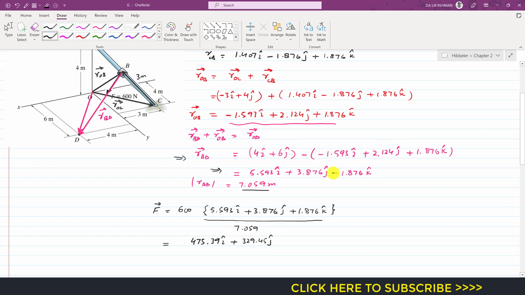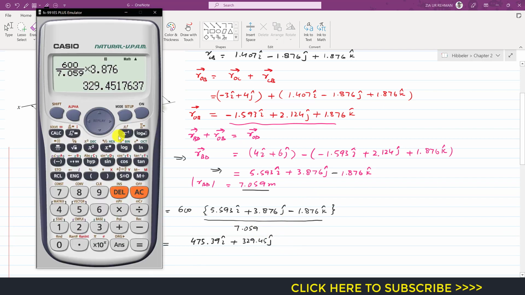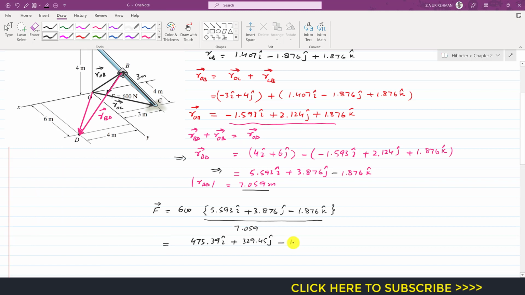This is not plus, this is minus, but the magnitude will remain the same since we take the squares of each component, right? Again we need to multiply this ratio with the K component, which is minus 1.876. This is minus 159.46 K. So this is the Cartesian vector representation of that force F, which is acting from B to D.